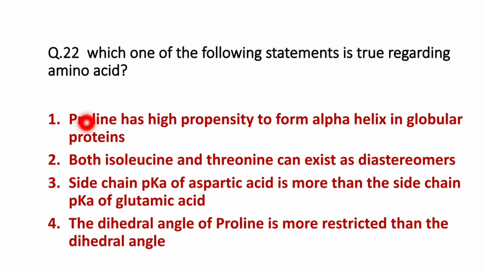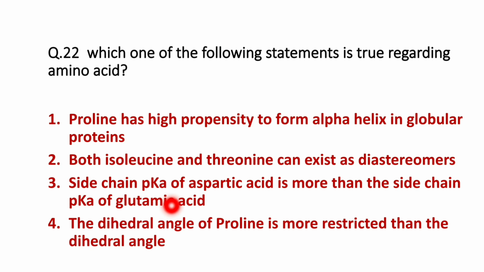Question number 22. Which one of the following statements is true regarding amino acids? Options are: proline has high propensity to form alpha helix in globular proteins. Both isoleucine and threonine can exist as diastereoisomers.